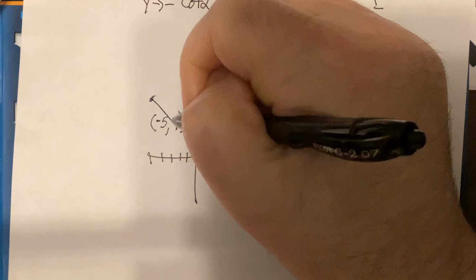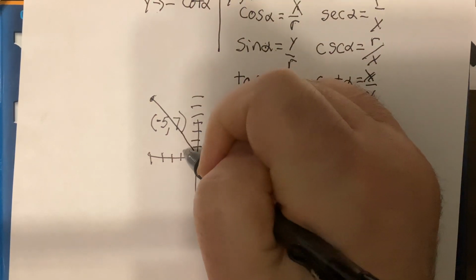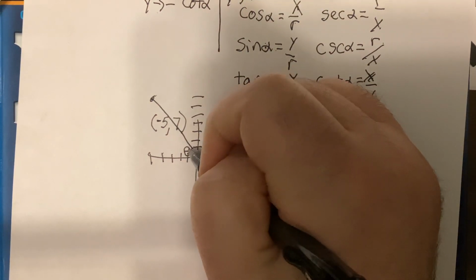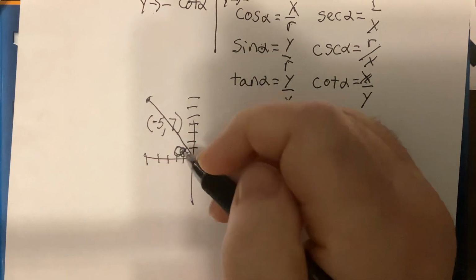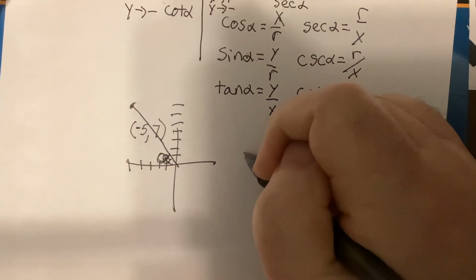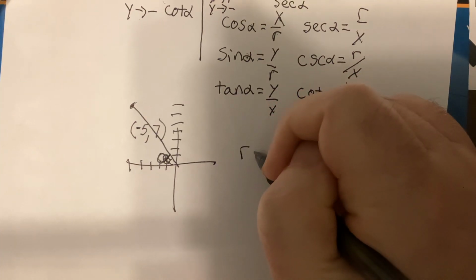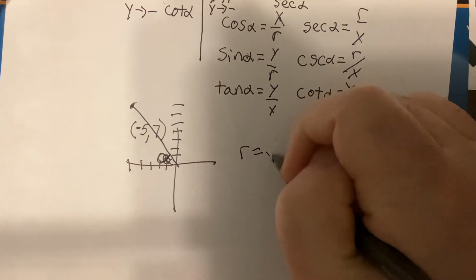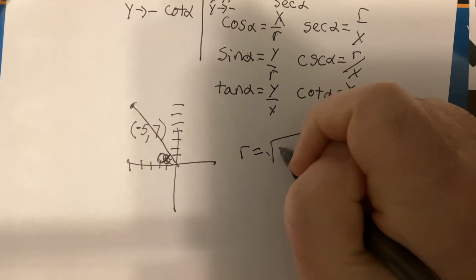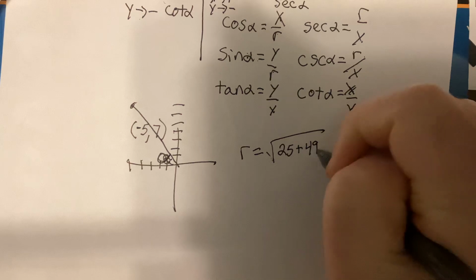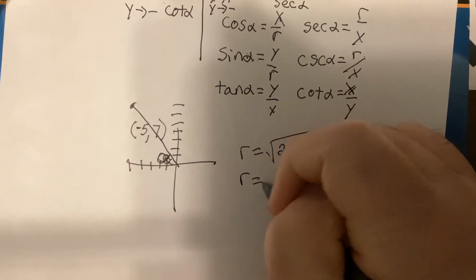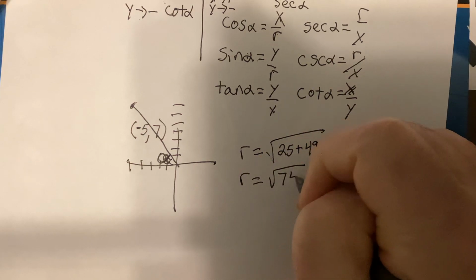So we'd have that. Oops, that is really messed that up. There's our alpha. So first we'd find r. So r is the square root of x squared, which would be 25, plus 49, which is the square root of 74.